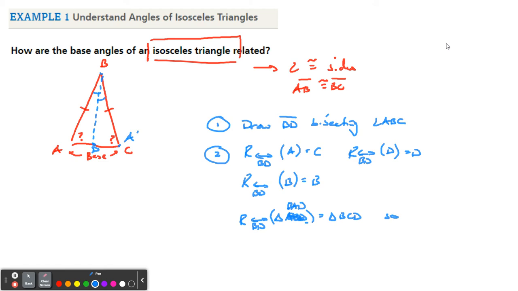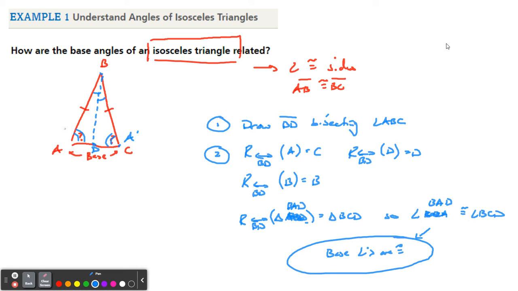This is a rigid motion. Rigid motion preserves length and angle measure, so angle BAD is congruent to angle BCD. This angle BAD is congruent to BCD, and what that implies is that your base angles are congruent.